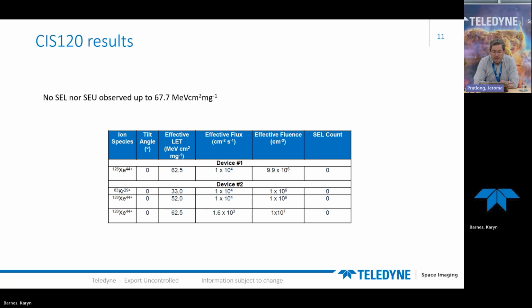This is a result of the CIS120, which is a rad-hard version detector, where we haven't seen any single event latch-up, nor SEU, up to 67.7 MeV, which is the limit at which we tested. Maybe it can hold no latch-up or no SEU above this, but that's the limit of the test.